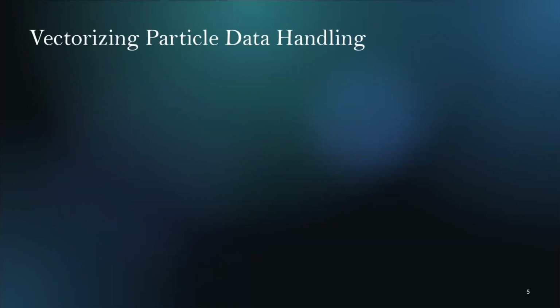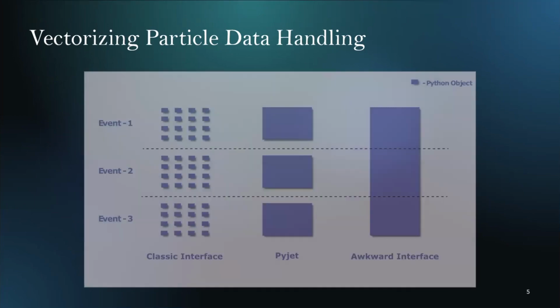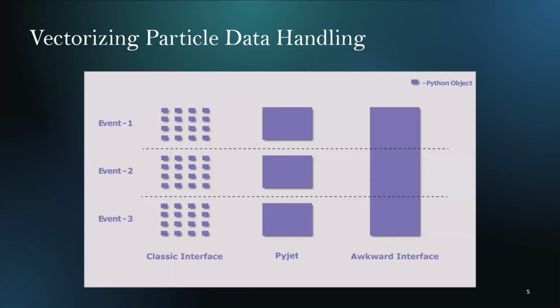Okay, so this awkward array interface, how does it do things differently? If you look at this graphic here, you can see that the classic interface has Python objects at the pseudojet level. Each of those small boxes that you see is a pseudojet. As you move along, you see that in PyJet, this one big box is one whole event. That's how PyJet does things.